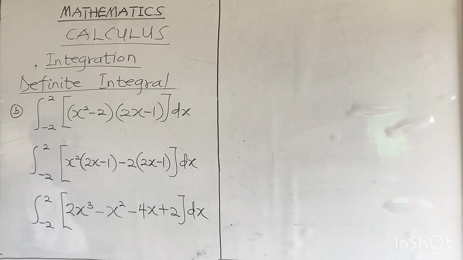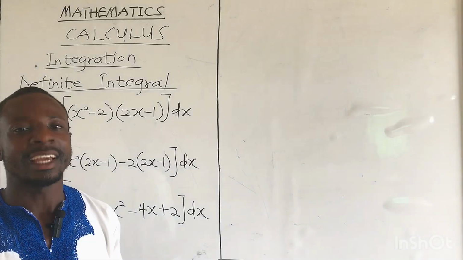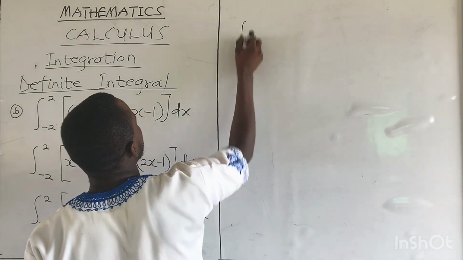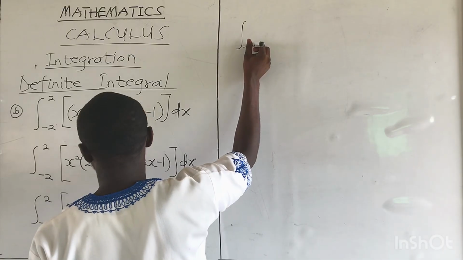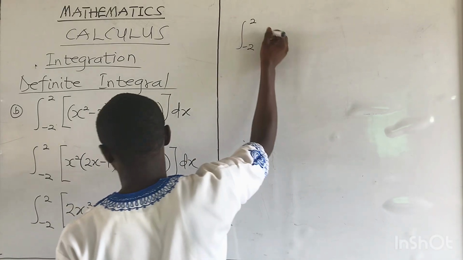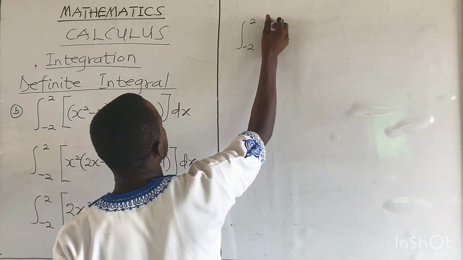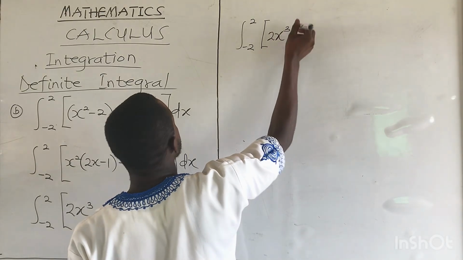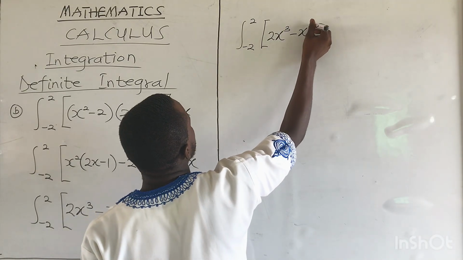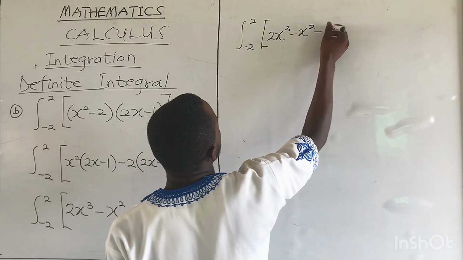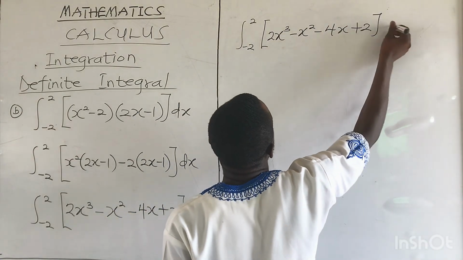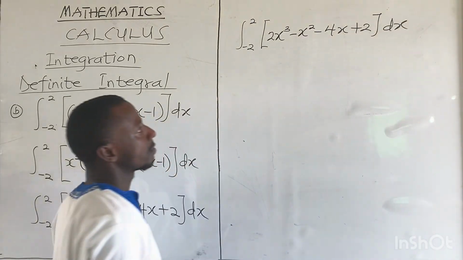So from here, we can start the integration. We have the integral from negative 2 to positive 2 of 2x cubed minus x squared minus 4x plus 2 dx.